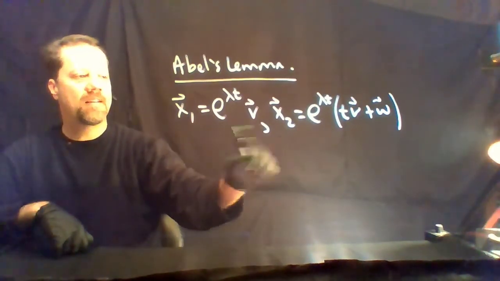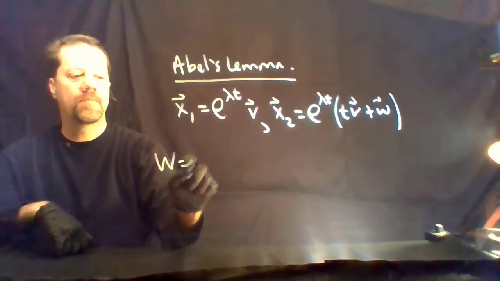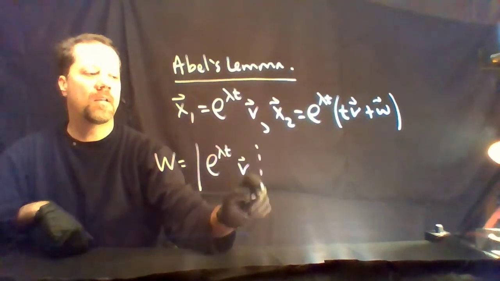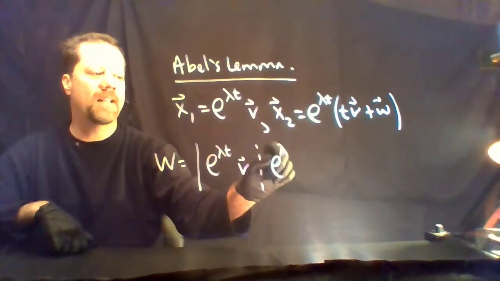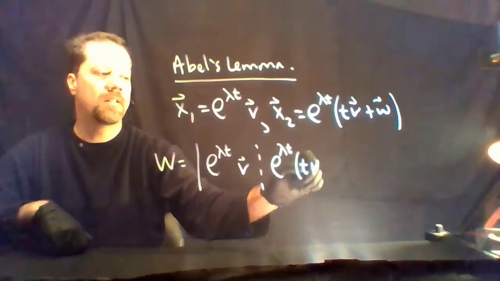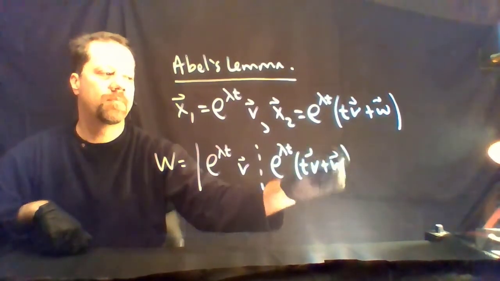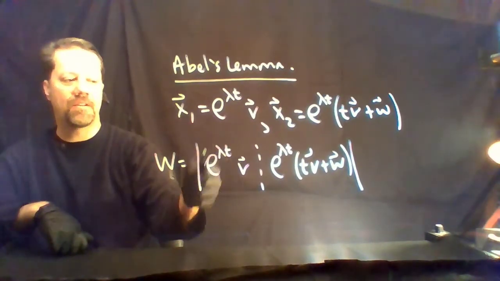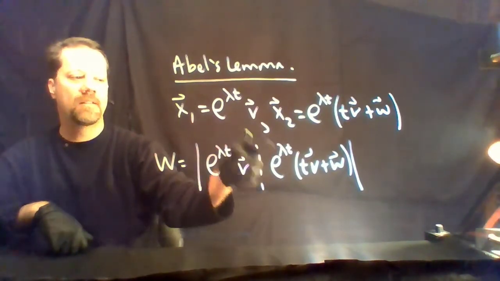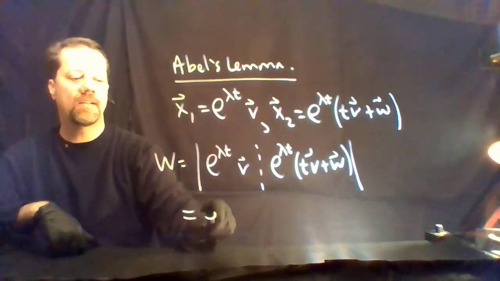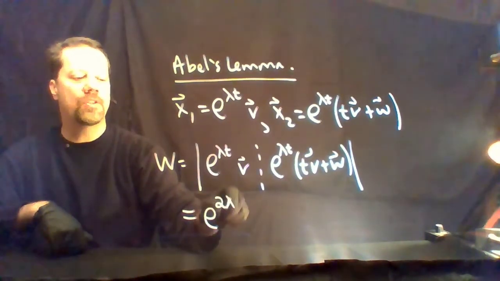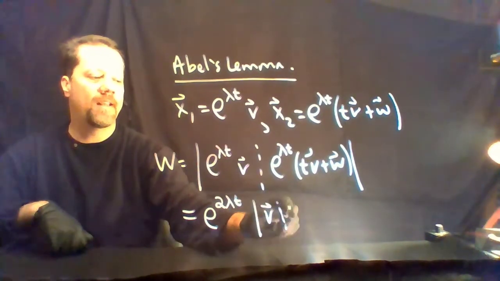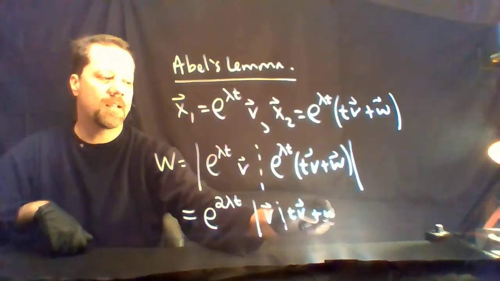You can see then that the Wronskian will be the determinant of e^(λt) v in the first column, and the second column e^(λt) times (tv plus w). Since e^(λt) is a factor on this first column, we can factor it out. And we can also factor it out from the second column. We end up with e^(2λt) times the determinant of v and then tv plus w.